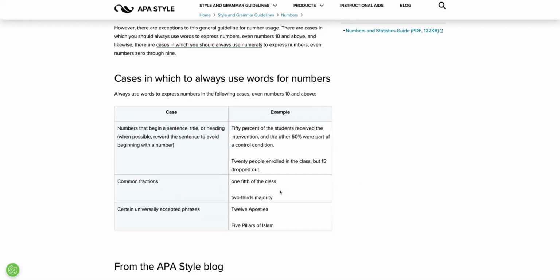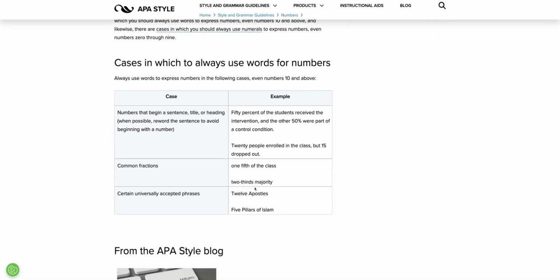Also, if it's a common fraction, one-fifth of the class, you wouldn't put the numerals. Or a two-thirds majority, you wouldn't put numerals. You would spell those out. Another thing I want you to pay attention to here is one-fifth of the class. This is followed by a phrase, so there's no hyphen there.